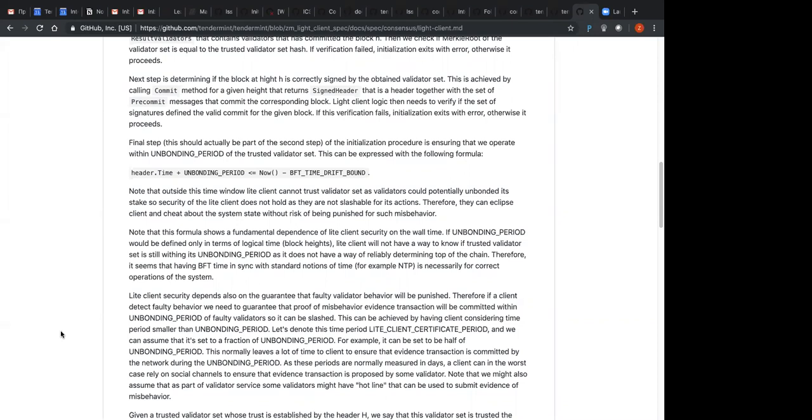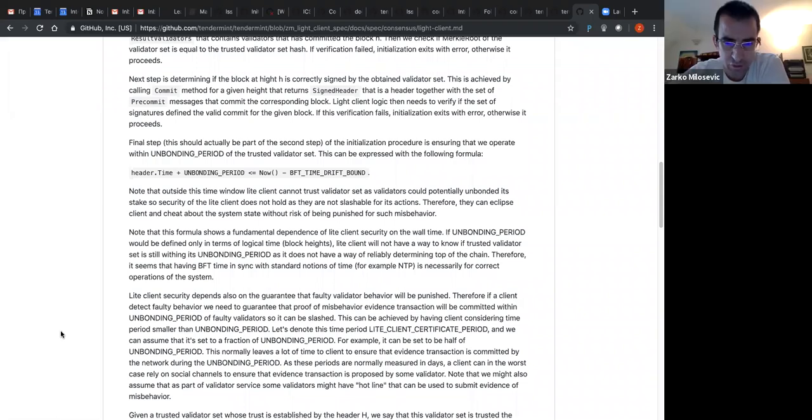I think so. Essentially, what is assumed here is some sort of NTP protocol where all the nodes in a system have their clocks synchronized, and then we have this way to compute the time in a Byzantine fault tolerant way, the BFT time, so that it essentially doesn't go beyond some defined drift. Right.